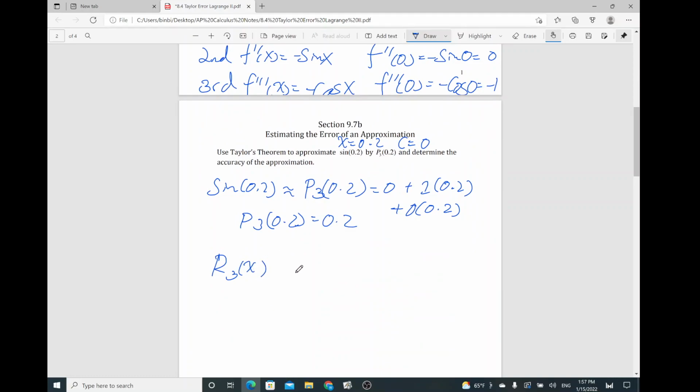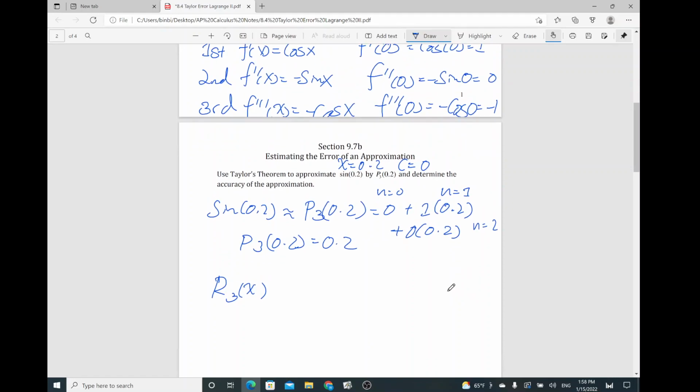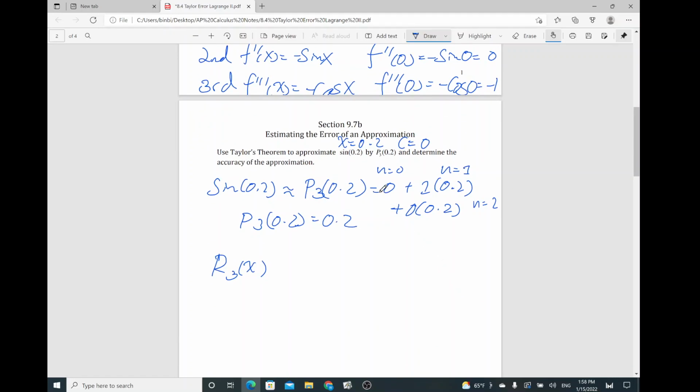I should state that because you started with n equals 0, n equals 1, n equals 2, this one is the third order, meaning the first term, the second term, the third term.